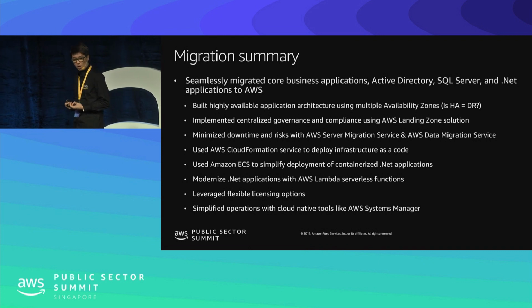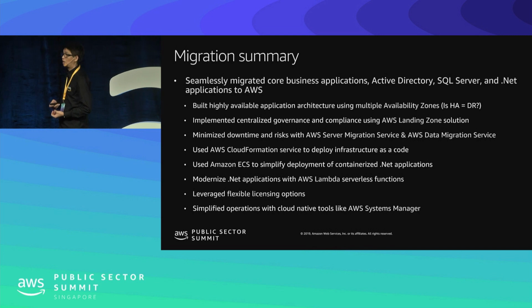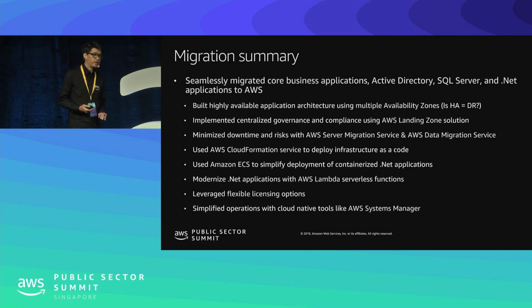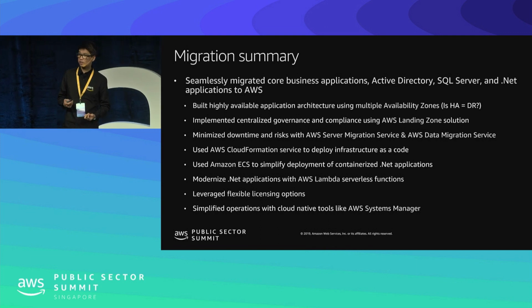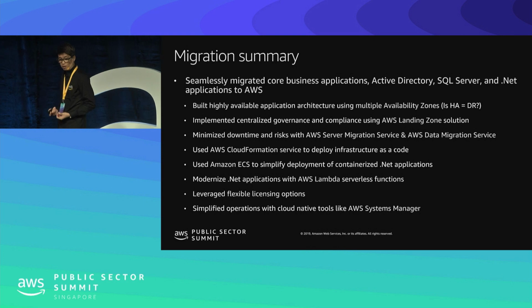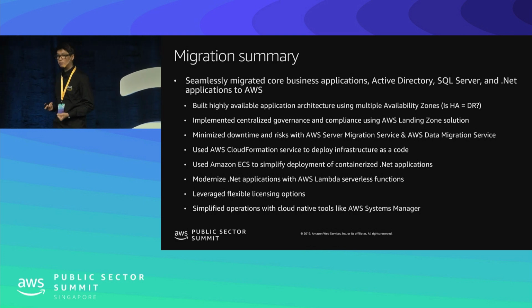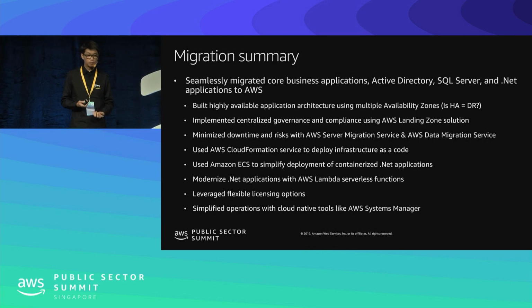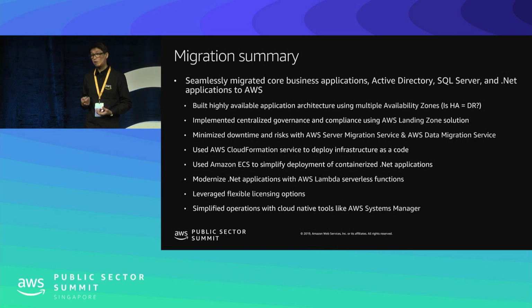You're going to leverage Server Migration Service and Database Migration Service to easily migrate your server VMs and databases onto AWS. You're going to leverage ECS for containerized .NET applications. You're going to leverage Lambda serverless functions to have event-triggered functions. Leverage licensing options and cloud-native tools like Systems Manager to operate and manage the environment.